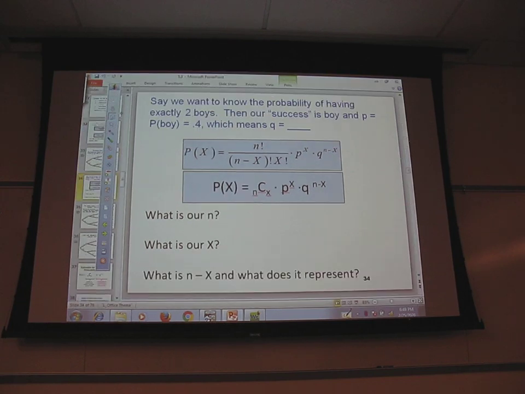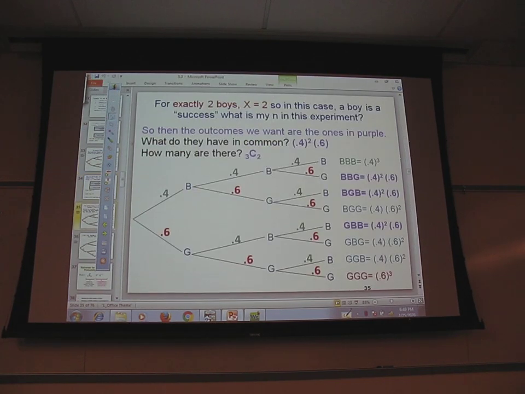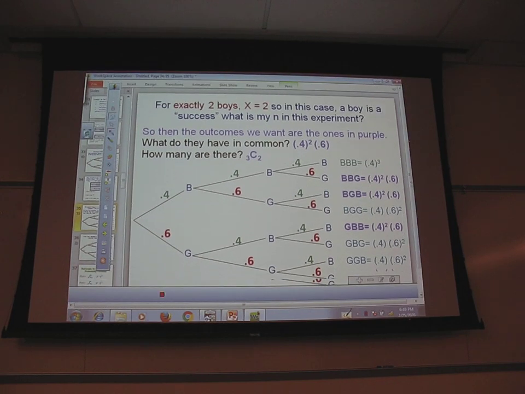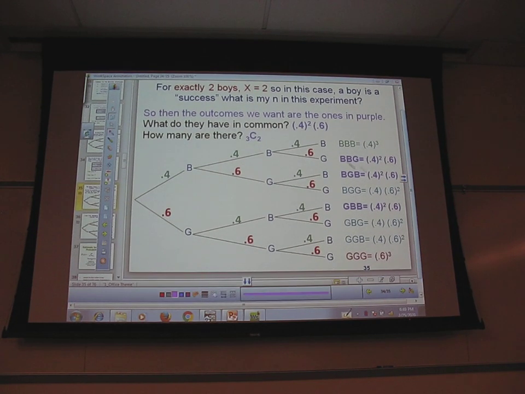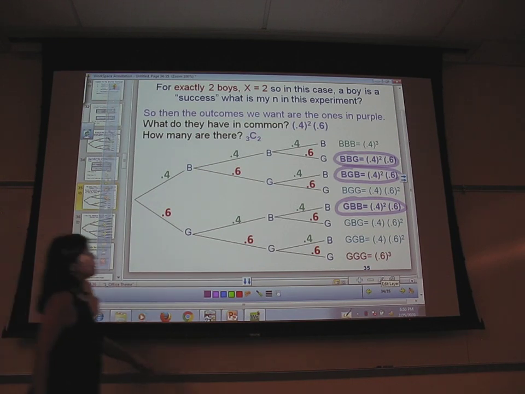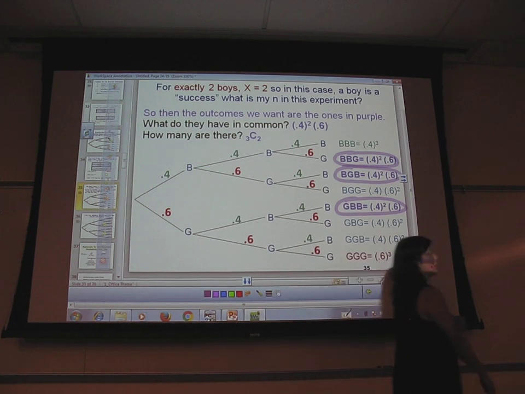So let's take a look at how this plays out. So exactly 2 boys, x equals 2, so all the ones in purple have exactly 2 boys, maybe I'll circle them in purple. Do you guys see that? What do they have in common? 1 failure.